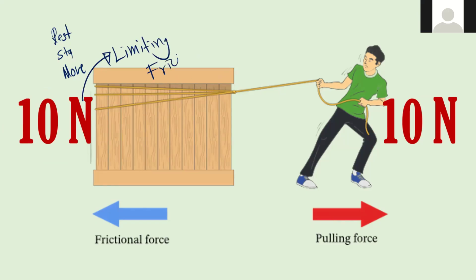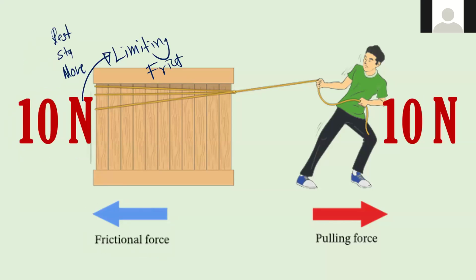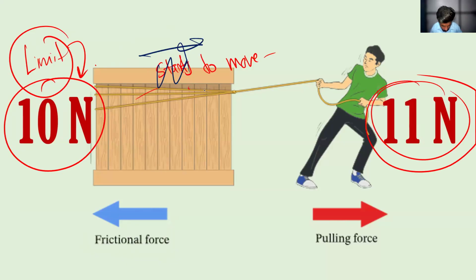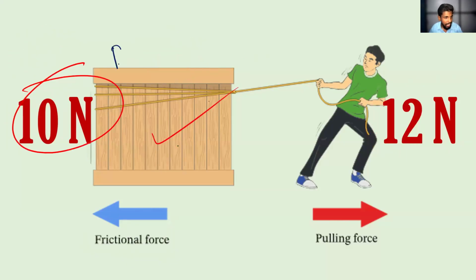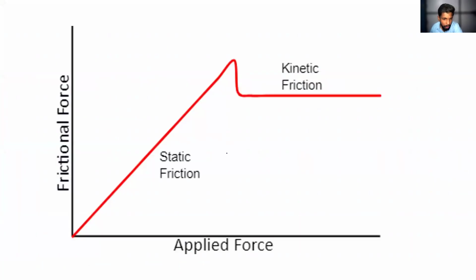So earlier, before the motion, that is static frictional force. Now, limiting frictional force, and after the object starts to move, this is called dynamic frictional force. Now, try to get the idea. Before the object starts to move, that will be static.